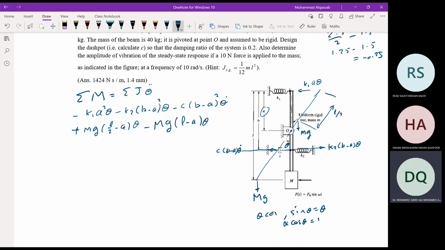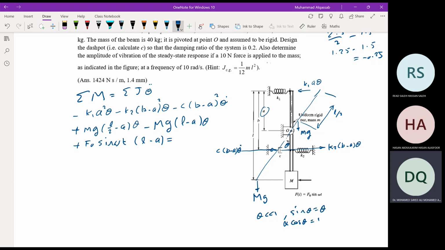The applied force is plus F naught sine omega t multiplied by a vertical distance, L minus A. There is no theta here. Equal to the moment of inertia.